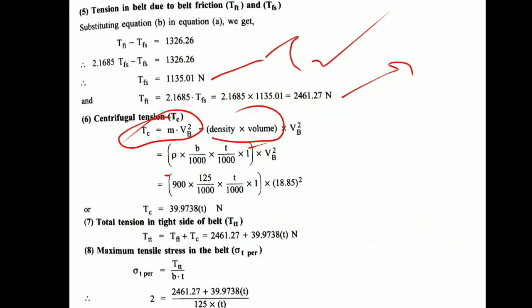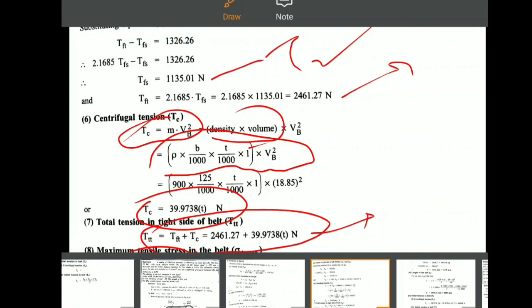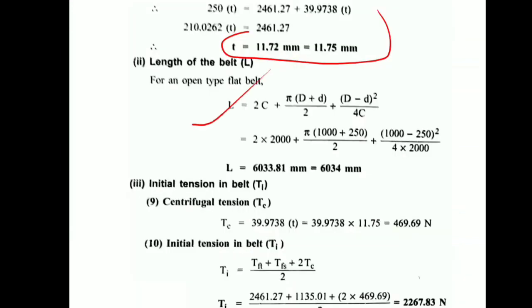By putting this we'll get again in terms of thickness. So we know the stress is equal to total tension divided by B into T. So total stress is given, B is known, and therefore thickness is 11.72. After that, length equation directly I have used for open belt drive, therefore this will be the negative sign.